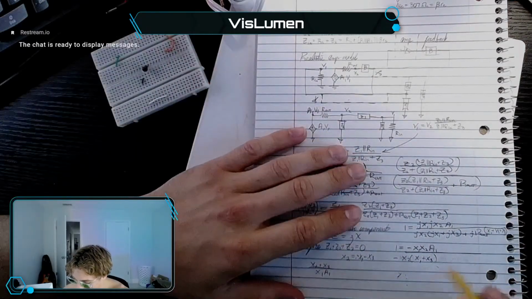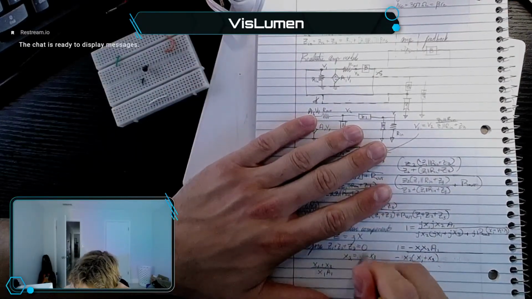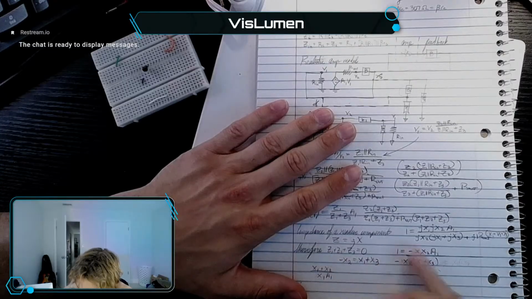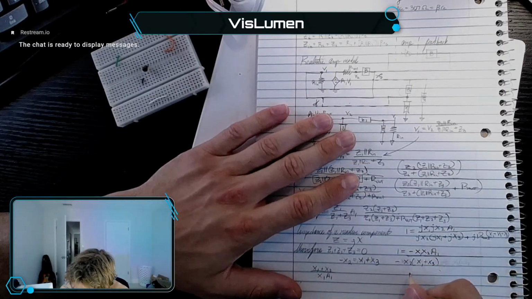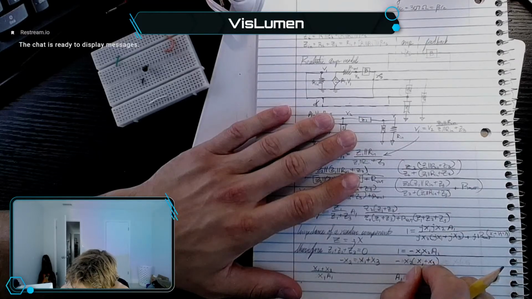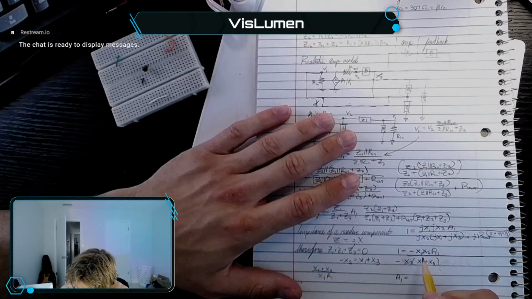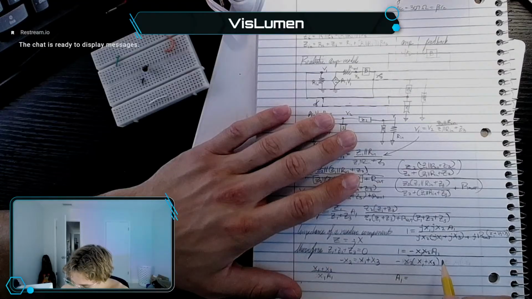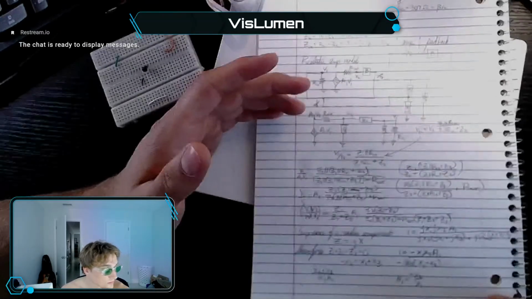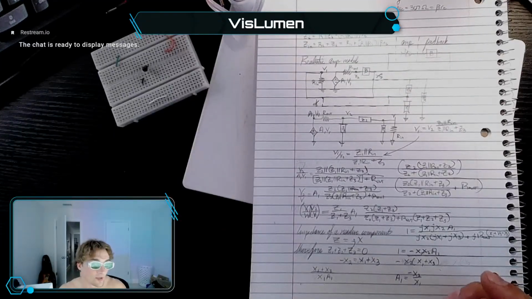Using the property negative x2 equals x1 plus x3, A1 would equal, those are gone. Yeah, that is true. Okay, I'm on track.